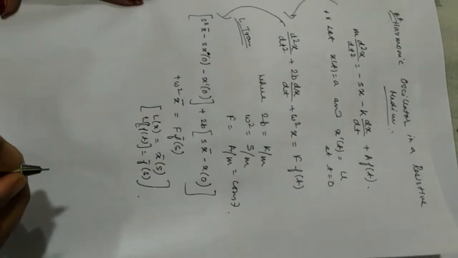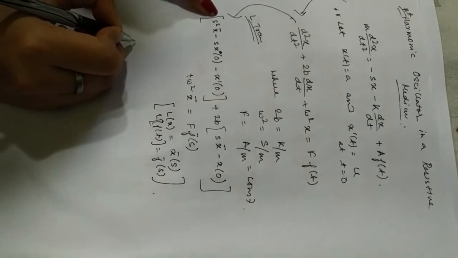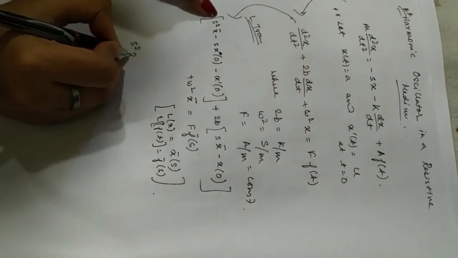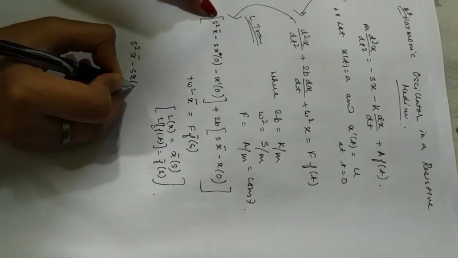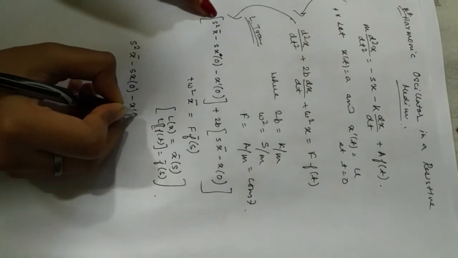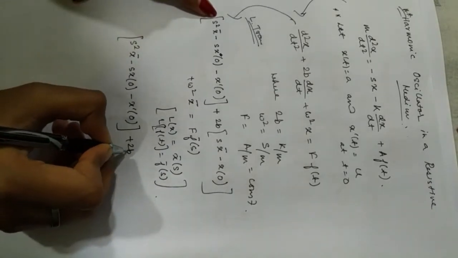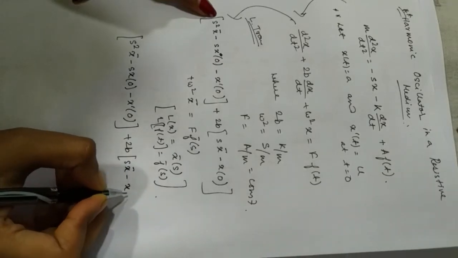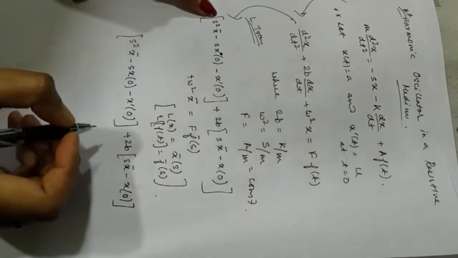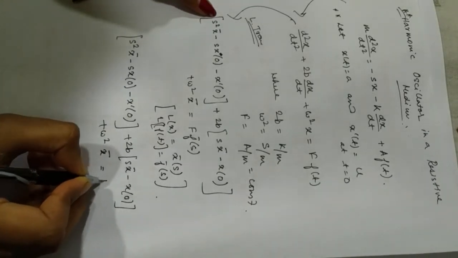Okay, so I would like to write it again in a clear way. So s square x bar minus s x 0 minus x prime 0 plus 2b (s x bar minus x 0) plus omega square x bar is equal to f bar.